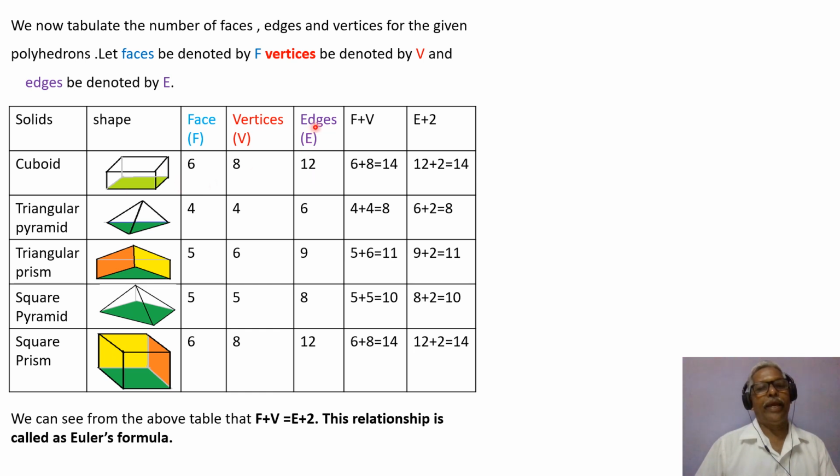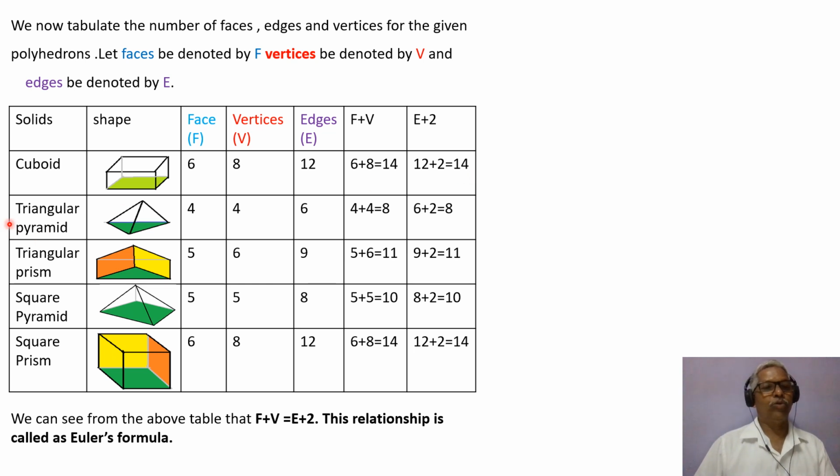Edges: 4 top, 4 bottom, 4 sides, 12. You can always count. Now this column is F plus V. 6 plus 8 is 14, and the last column will be E plus 2. You must have got the idea that F plus V is 14, and E plus 2 is also 14. Very interesting point.